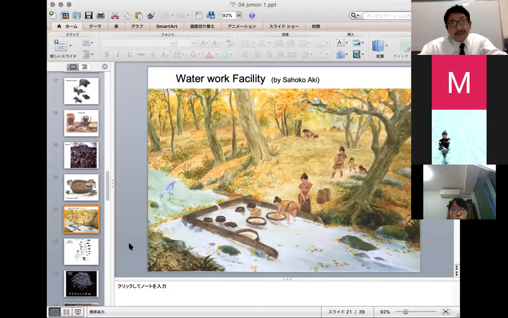And that's called Yayoi period. That I will talk about later. Anyway, for most of the time in Jomon period, they had very active lives under the affluent environmental resources.